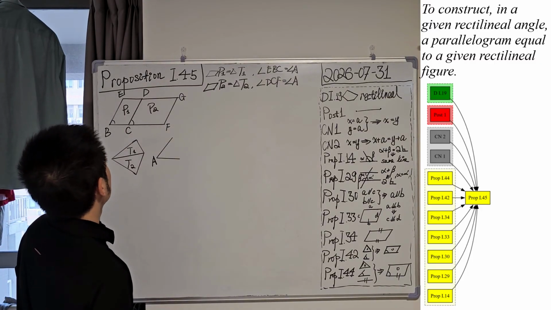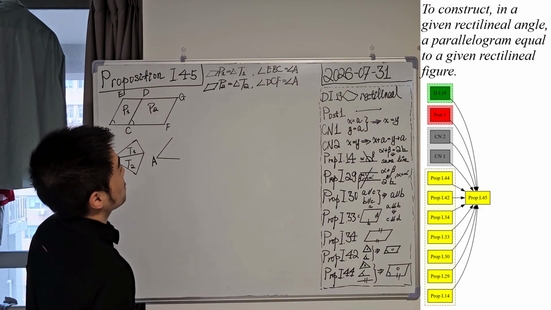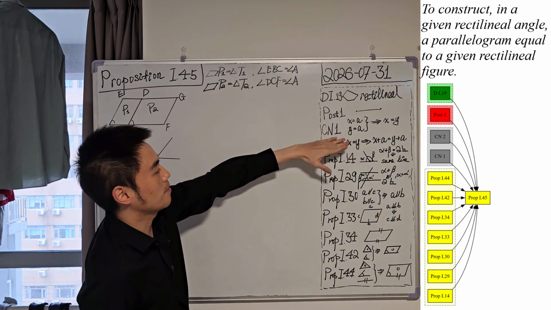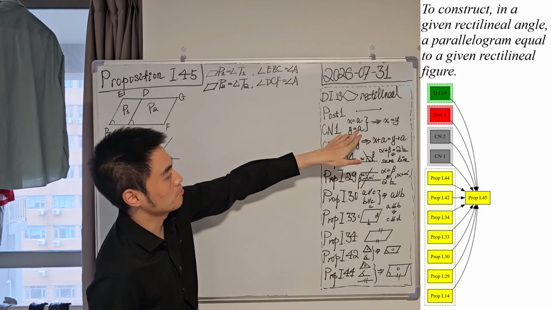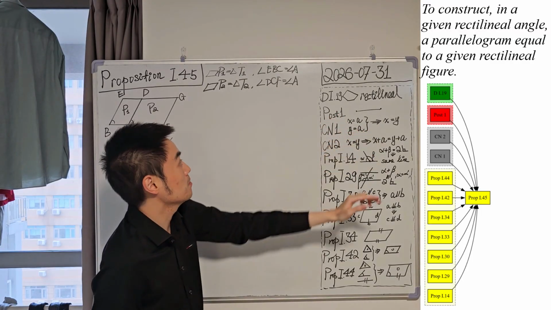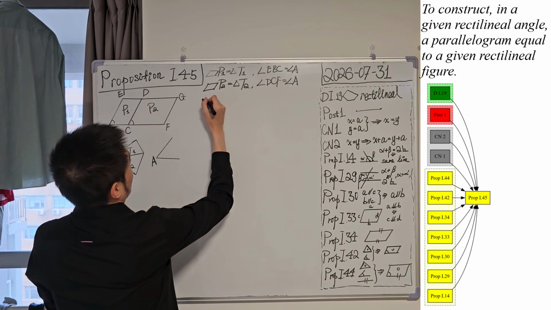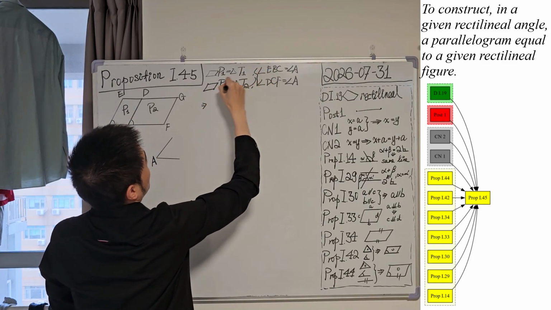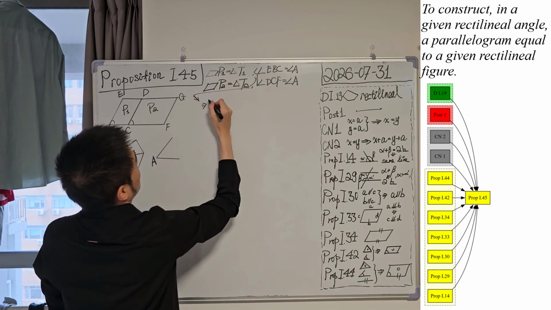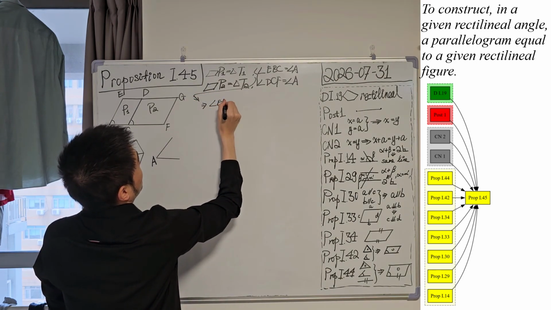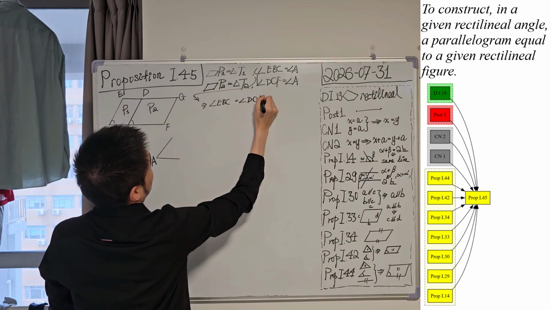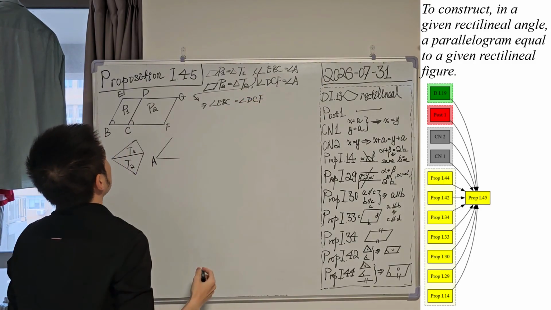So first of all, given these two conditions, and if we apply common notion 1, things equal to the same are equal, we can imply that angle EBC equals angle DCF, right?